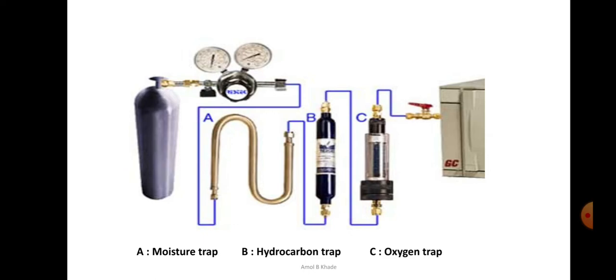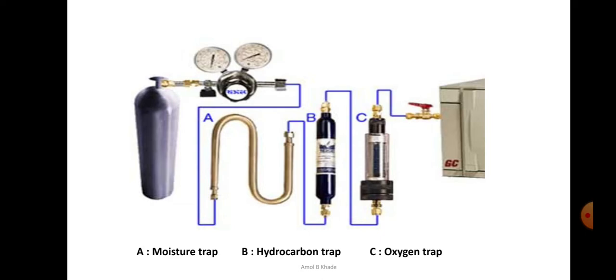Now, as we have seen in the requirements, the carrier gas should be highly pure, it should be free from moisture. So we should have some traps like what we have used in HPLC. In HPLC again we purify the solvents by filtering through a membrane filter, or we directly take HPLC grade solvents.